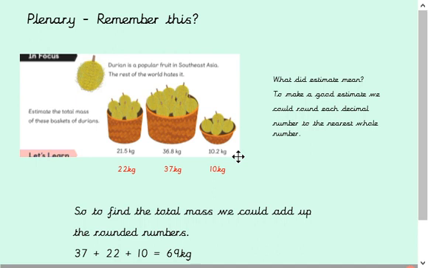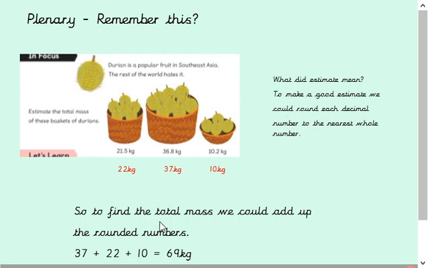Now, to make an estimate, we said it's just a guess. It doesn't need to be exact. So a good way of doing this would be to use our learning and round these 3 numbers to their nearest whole number. In this case, this one will be rounded to 22. This one would be rounded to 37, and this one will be rounded to 10.